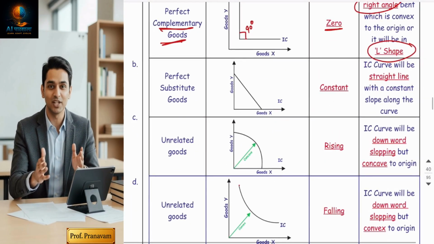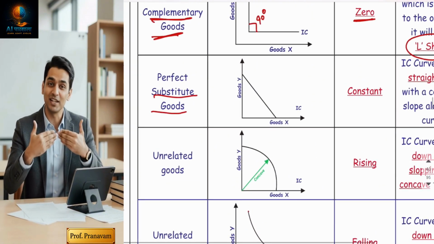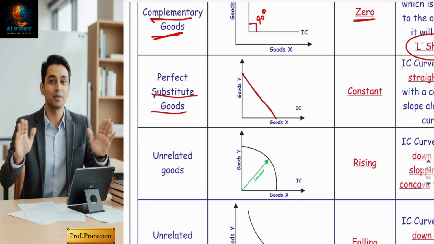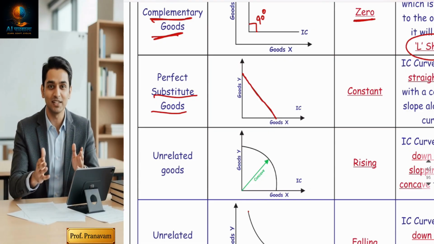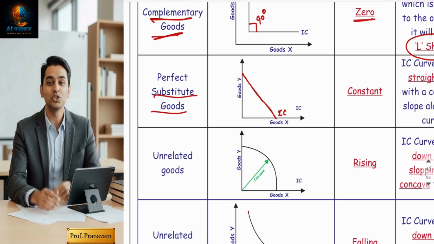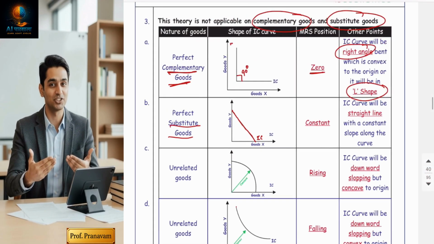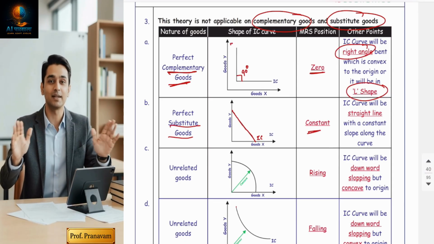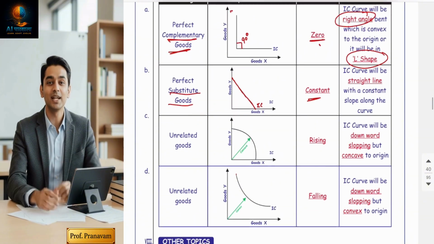If you plot an indifference curve for substitute goods, your indifference curve would be just a flat downward sloping curve, because MRS is constant. See, the shape of the curves actually depends on MRS. If MRS is zero, the indifference curve will be in an L shape.